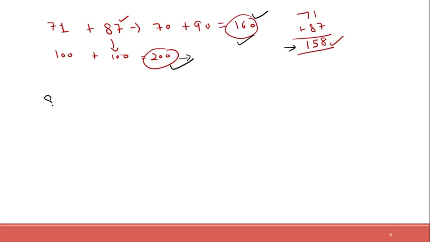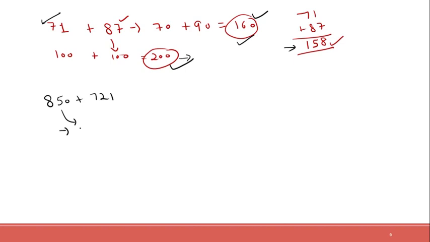If the number contains, let's say, 721, then what we will do is round it off to the nearest 100. Here the highest digit was in tens, so we rounded off to the nearest tens.